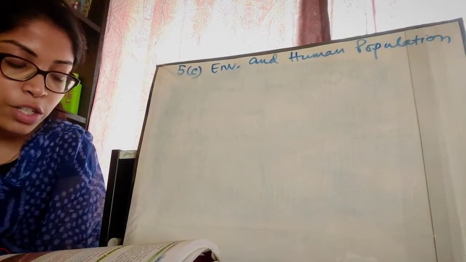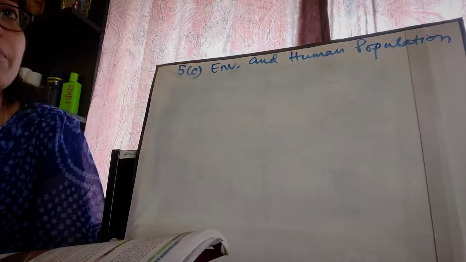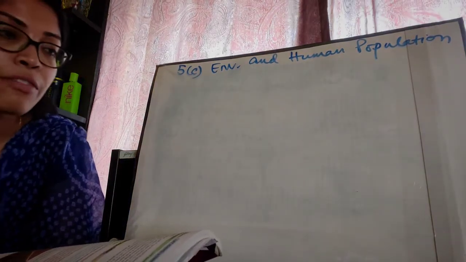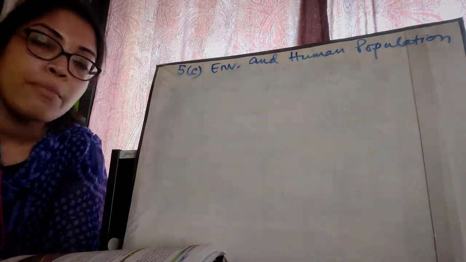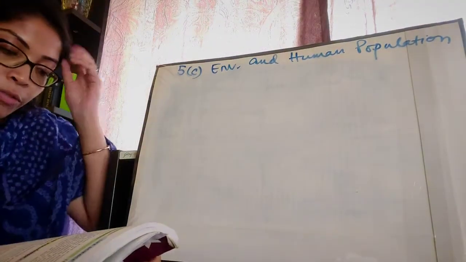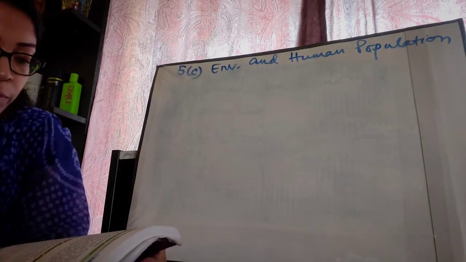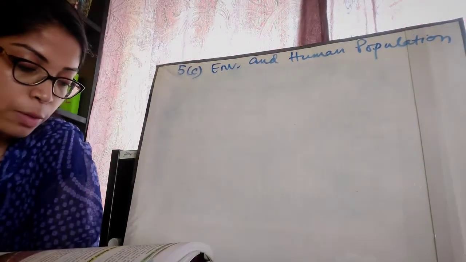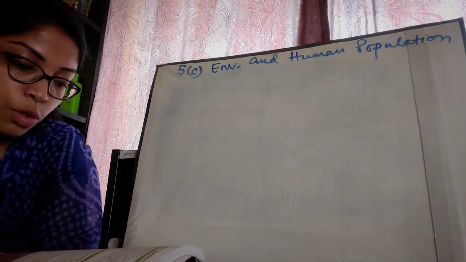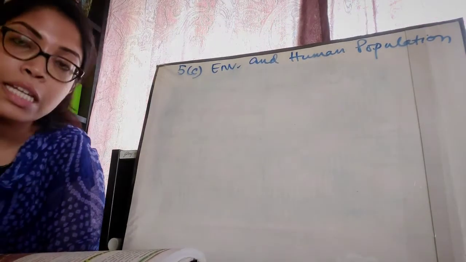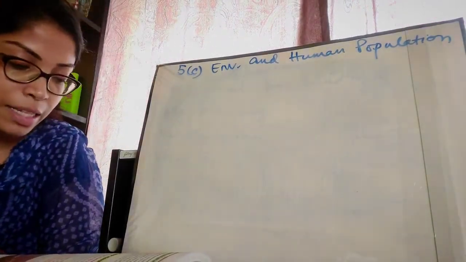Next point is deforestation. We all know deforestation is a very big topic right now. People everywhere are asking everyone to plant trees and to stop deforestation, and deforestation is also causing loss of ecosystem. Forest trees contribute a valuable quantity of oxygen to the global atmosphere and thus help to maintain the oxygen and carbon dioxide balance in the atmosphere.